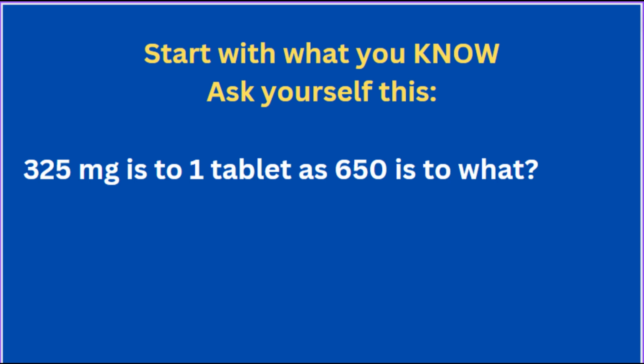Well, we do know that 325 milligrams is to one tablet, and we want to find out how many tablets I need to make 650 milligrams. So you ask yourself, 325 milligrams is to one tablet, as 650 is to what?